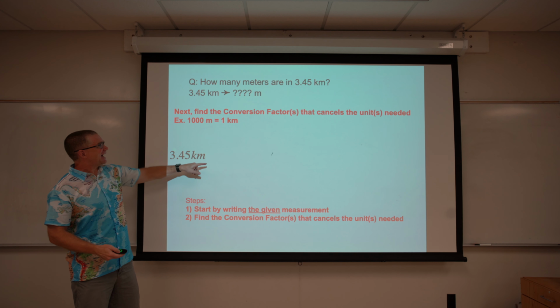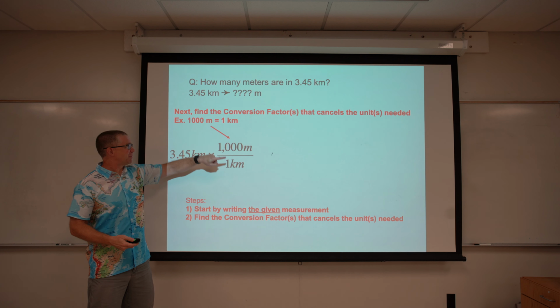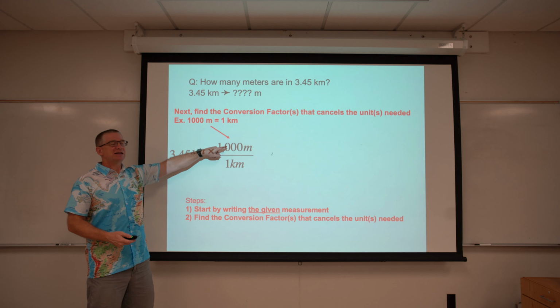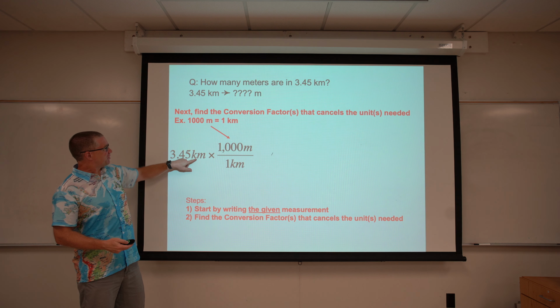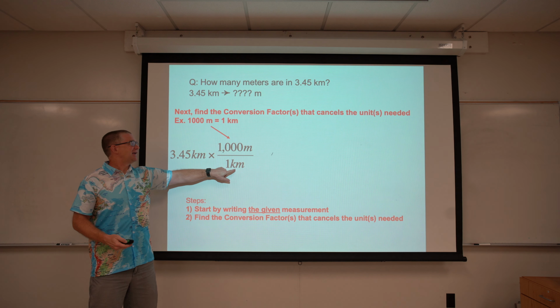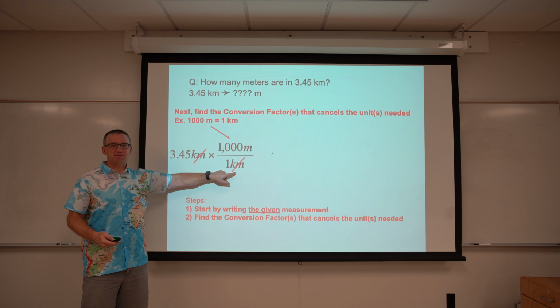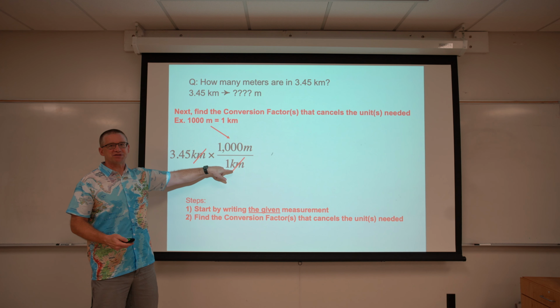And we're going to write that here by putting the kilometers at the bottom and the 1,000 meters at the top. Now, the reason we do it this way is because kilometers is on the top here, kilometers is on the bottom here. And by setting it up this way, the kilometers will cancel. The numbers don't, but just the unit, the kilometers unit cancels.